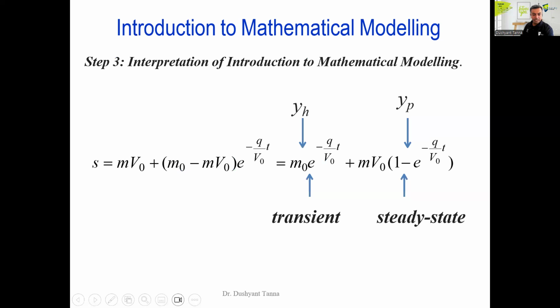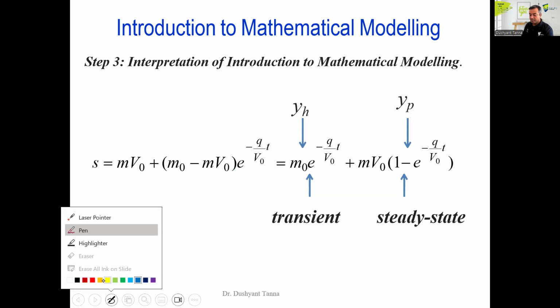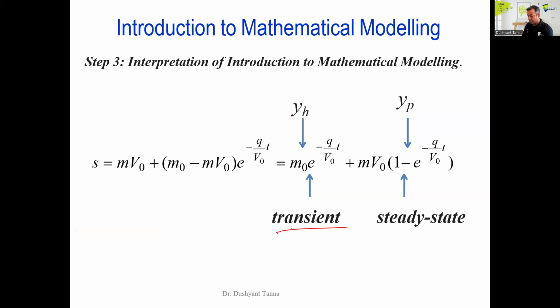We have this part here. This is from earlier, when we were discussing the solution of the differential equation, where we talked about the transient part and the steady state part. The transient component is higher to start with, but as time passes, it is taken over by the steady state solution part.